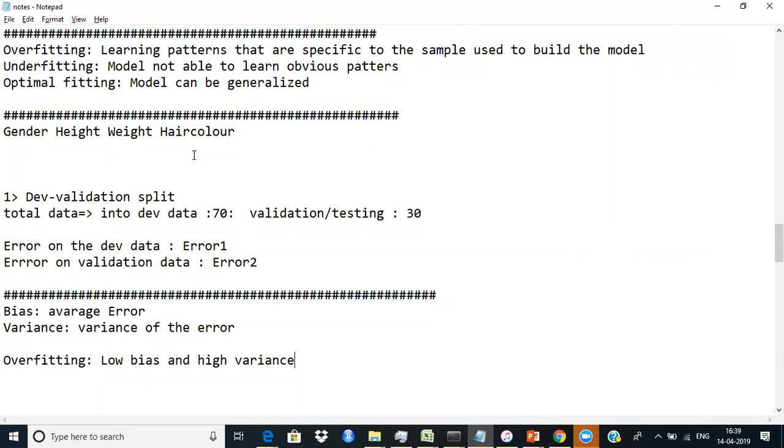Now, if your algorithm is underfitting, how much will this error be, high or low? High here. So the average value is high, standard deviation low. Okay. So a telltale sign of underfitting is high bias, low variance.